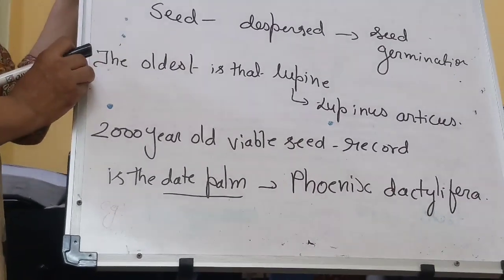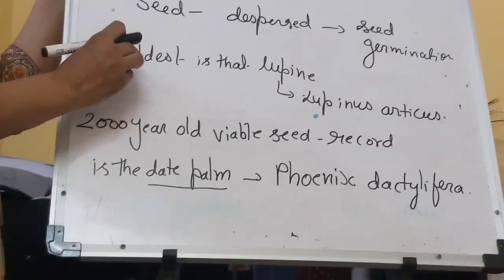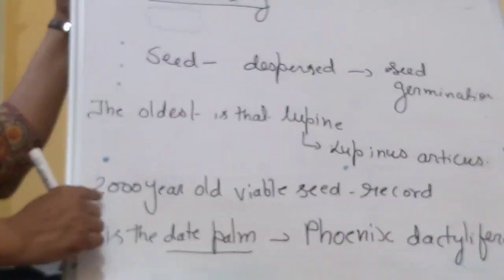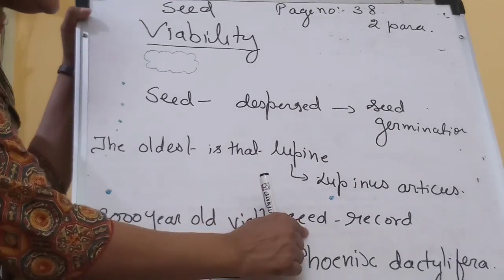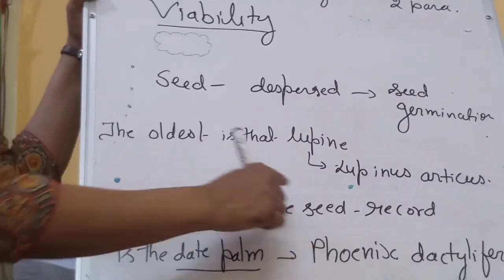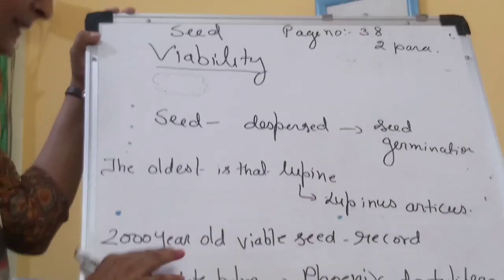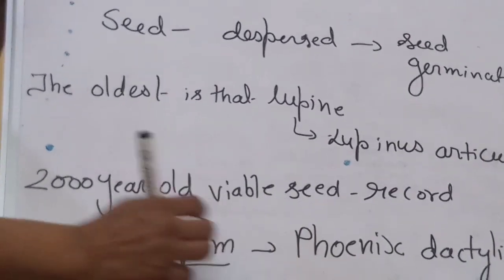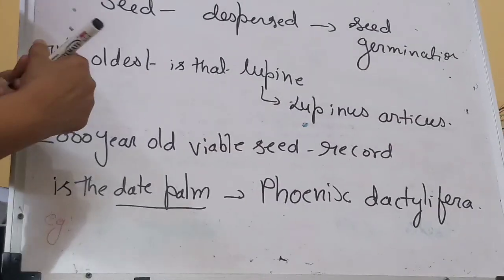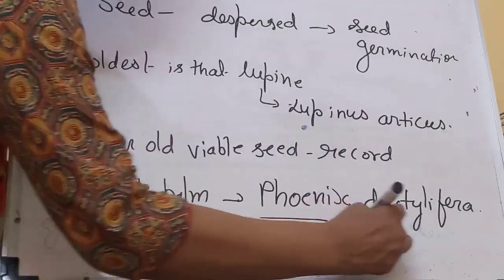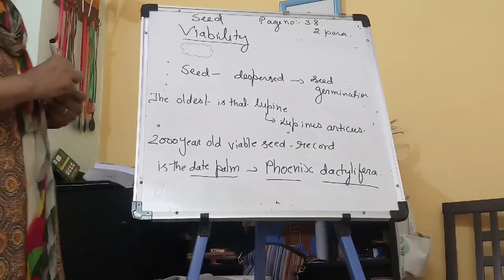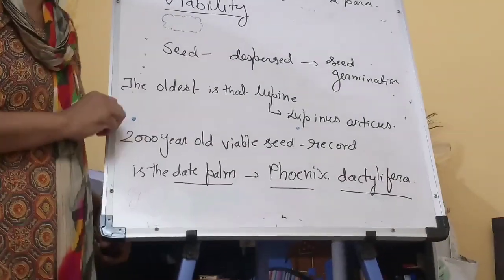Some specific things you have to note down. The oldest is Lupinus arcticus, where 2000-year-old viable seeds were recorded, and the fossil record is the date palm, scientific name Phoenix dactylifera. So note down these things. This is very important for your 2 marks question.